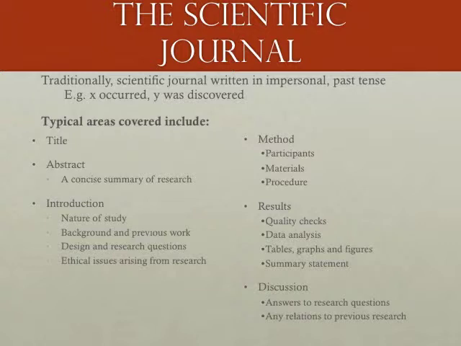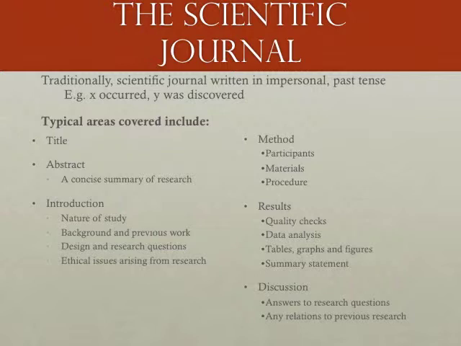Scientific journals tend to have a certain way, or a certain amount of information, that needs to be presented. So what I've got here is a typical listing of some of the key categories and some of the ideas that might be in each of these categories.